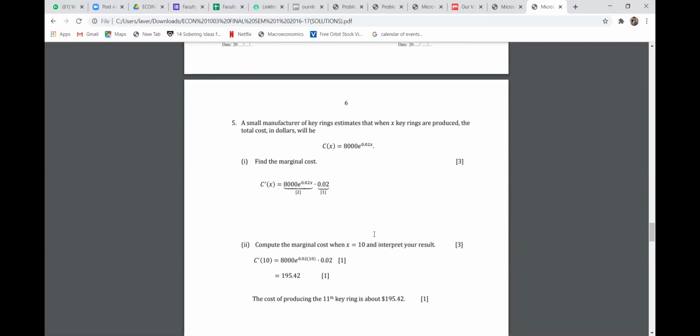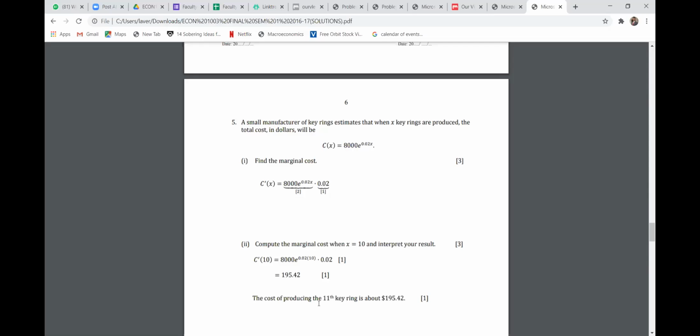Number 5 says a small manufacturer of keyrings estimates that when x keyrings are produced, the total cost in dollars will be given by the function C of x is equal to 8,000 times e raised to the power of 0.02x. And it's asking us to find the marginal cost.